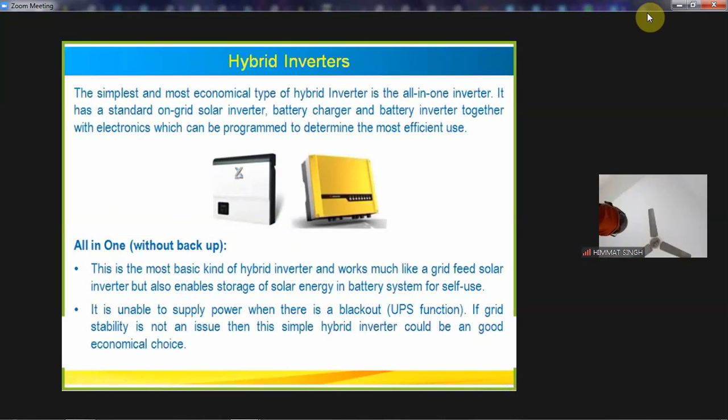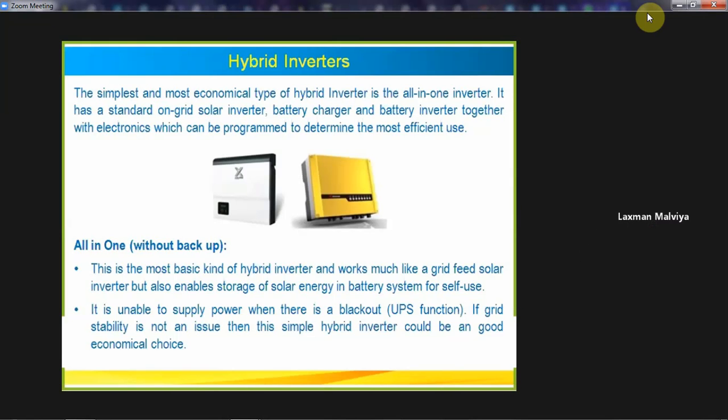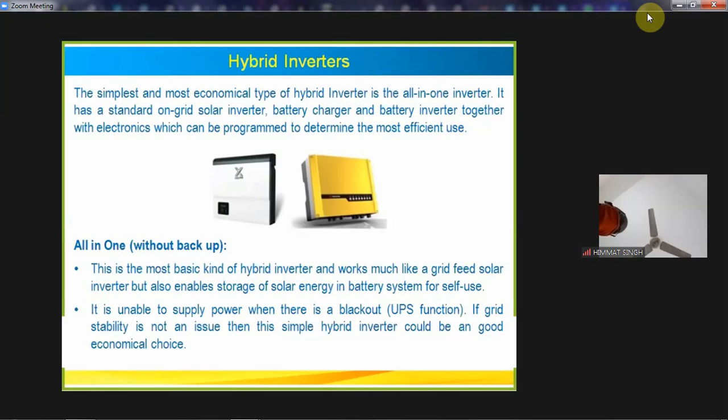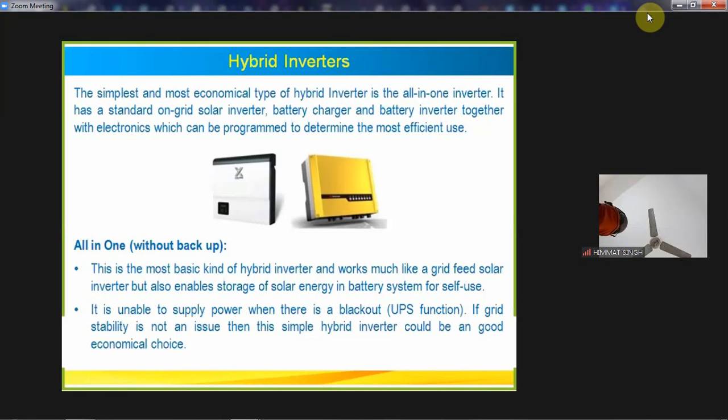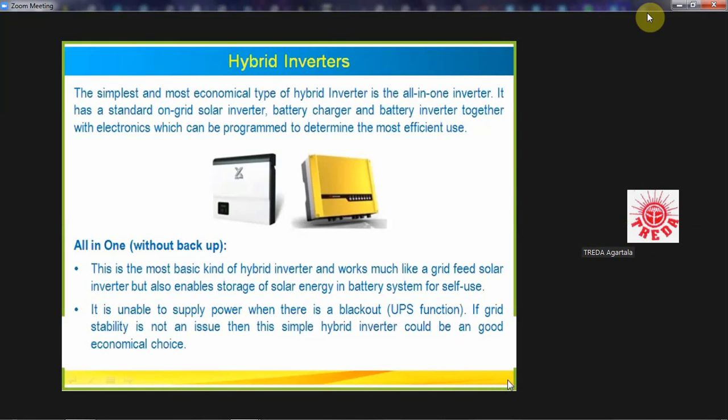What I told you, the most economical type of hybrid inverter is the all-in-one inverter. It combines a standard on-grid solar inverter, battery charger, and battery inverter together with electronics, all in one without backup.